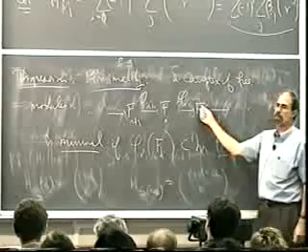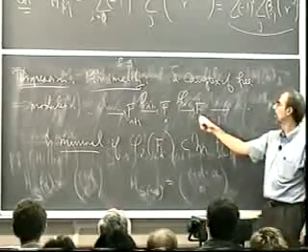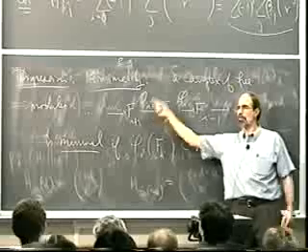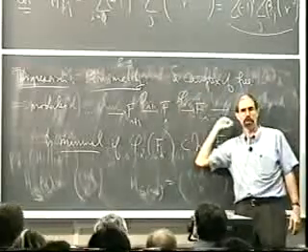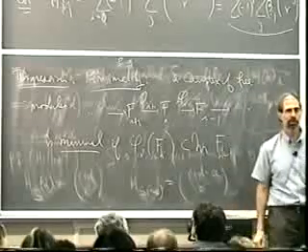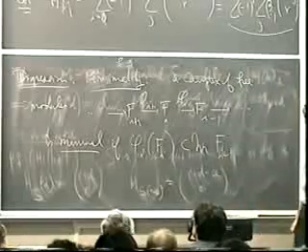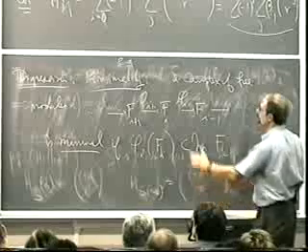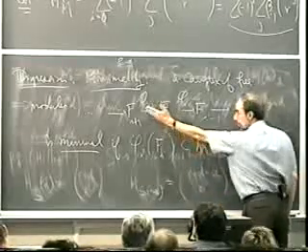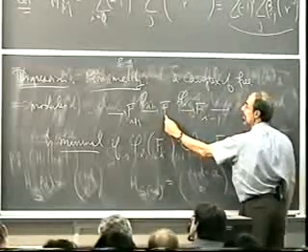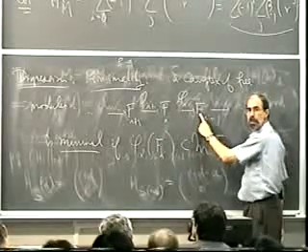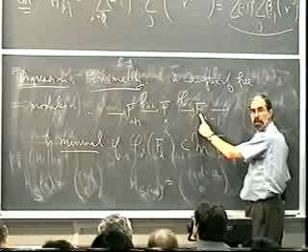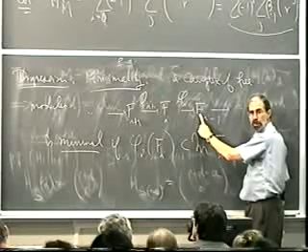In this graded case, I like to think of it differently. I think of writing these phi's out as matrices, and then what this says is that no matrix has an entry of degree 0 in it. All entries of positive degree. So if entries have positive degree, and this is really a resolution, then the generators of F_i have to map onto things of degree higher than the generators of F_i minus 1.